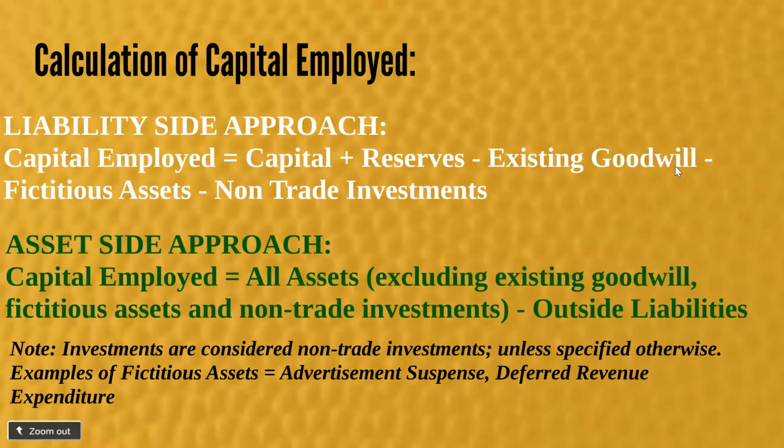We need to remember that investments are considered as non-trade investments unless specified otherwise. So if just investments is given in the asset side of the balance sheet, we will consider it as non-trade investments. Also, the examples of fictitious assets are advertisement suspense, deferred revenue expenditure, etc.